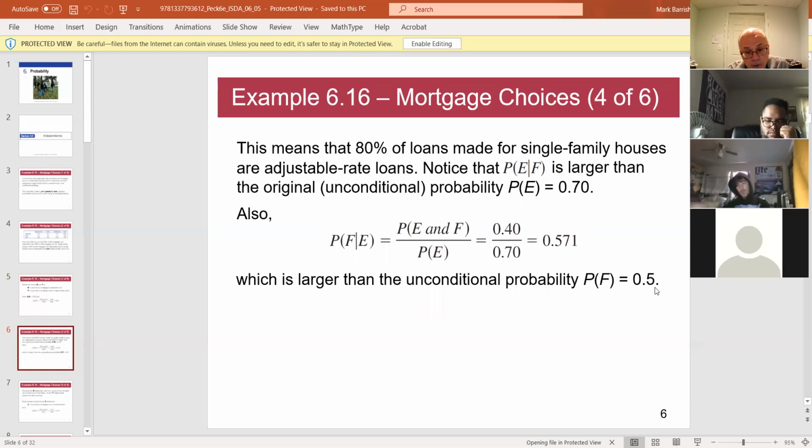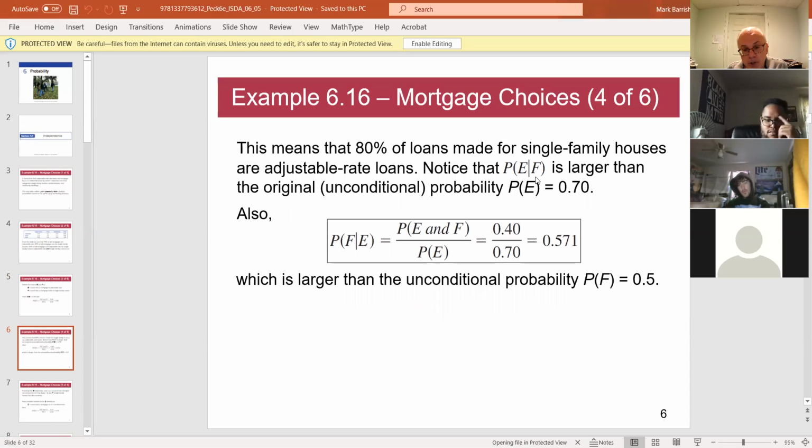It went from 0.5 without that information to 0.571. It actually increased the probability based on the knowledge that it's an adjustable rate mortgage. We're saying that the two events are dependent on one another. Dependent meaning that one event will change based on the knowledge of the other event.